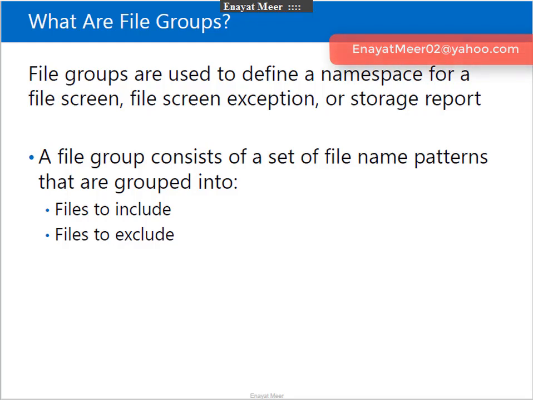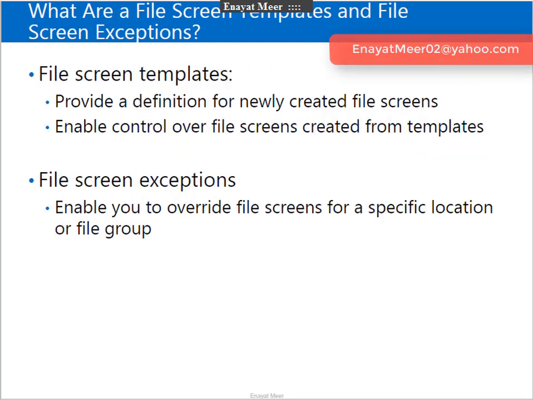A file group consists of a set of file name patterns that are grouped into files to include or files to exclude. And here you see the include, which files users can copy, which cannot copy. So these are the file groups where you can put some exceptions in the FSRM.